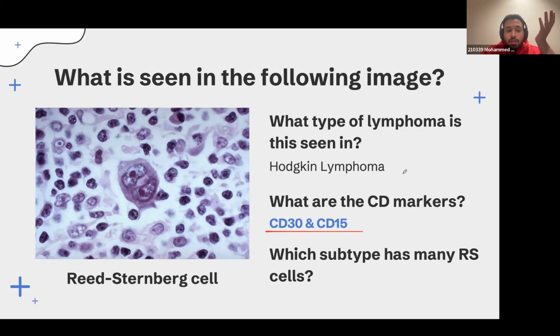The more lymphocytes that are present, the better it is. The fewer Reed-Sternberg cells there are, the better it is. Now, what's the most common subtype of Hodgkin's lymphoma? Nodular sclerosis. Okay, good.